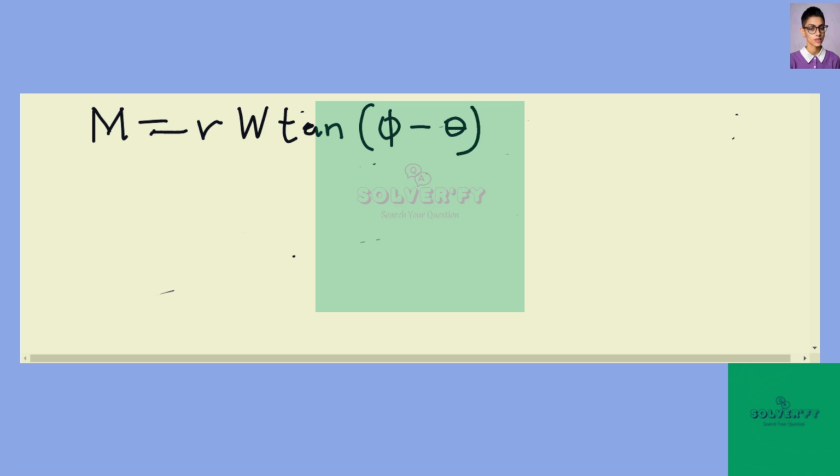Since the screw will be loosened, we are going to use M, the moment, is equal to r W tan(phi minus theta). Here, r is the mean radius, W is the vertical force acting on the thread, phi is the angle of static friction, and theta is the lead angle.